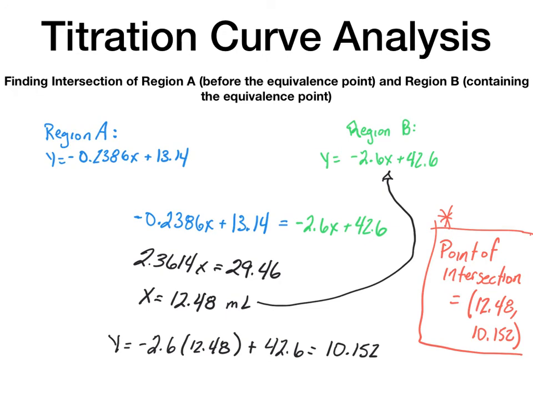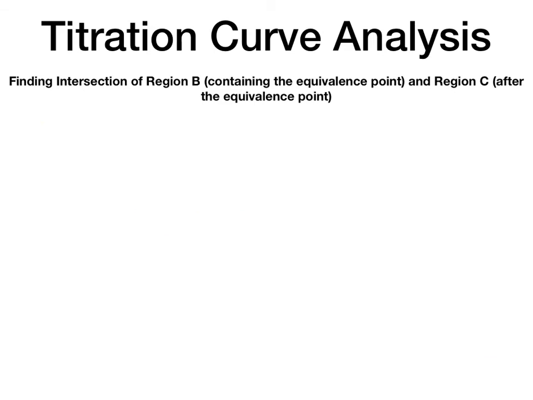Okay, so now in the next step, we have to do the same thing again, but we need to do the intersection between region B and region C. So for region B, my line of best fit is negative 2.6x plus 42.6 is equal to y.